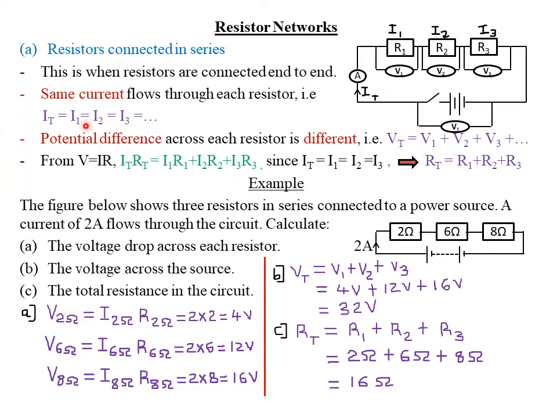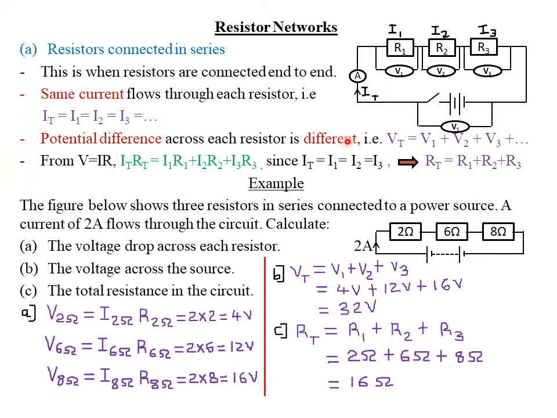So this is the most important point to note, that for any series connection of resistors, the total current or the current through the source must be equal to the current across each and every resistor in that series connection. Then also for series connection, the potential difference across each resistor is usually different.